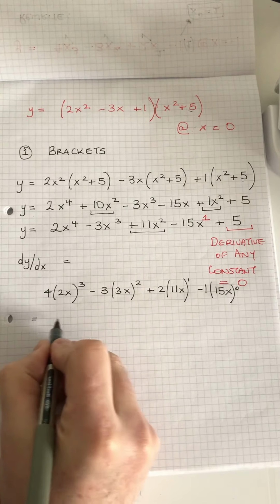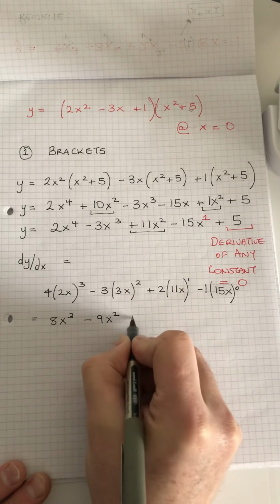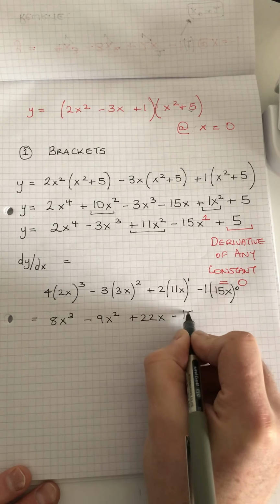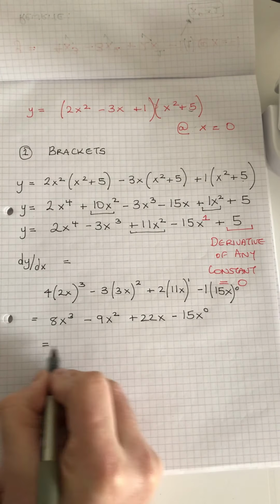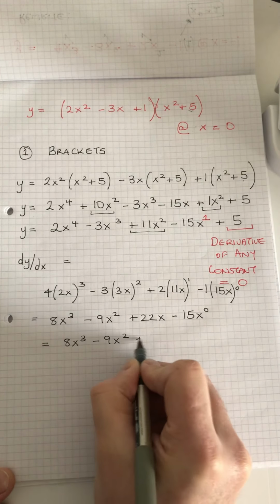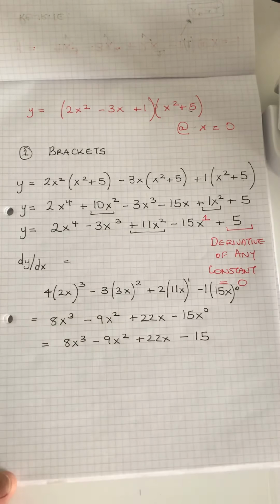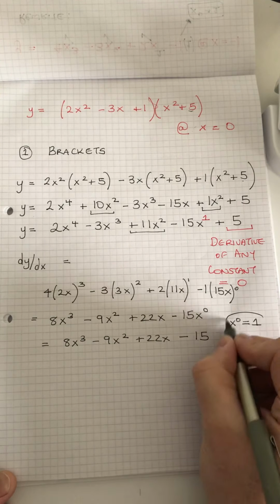Which gives us 8x cubed minus 9x squared plus 22x minus 15x to the power of 0, which is equal to 8x cubed minus 9x squared plus 22x minus 15, because x to the power of 0 is 1.